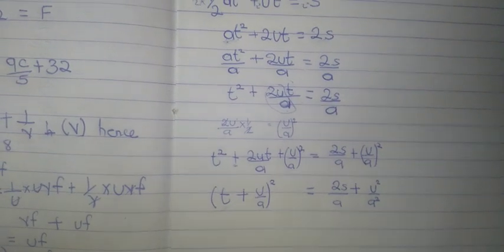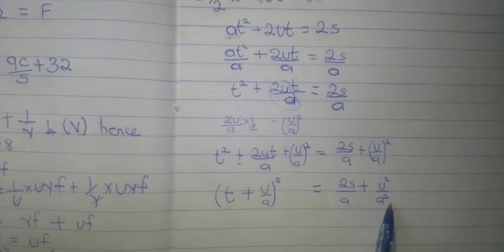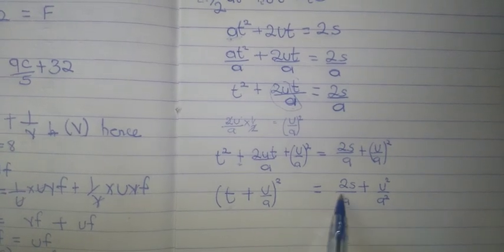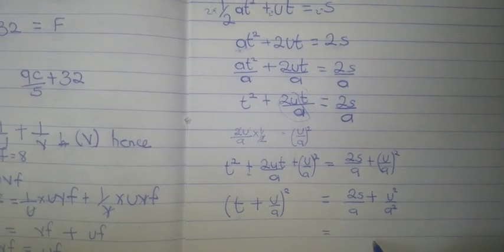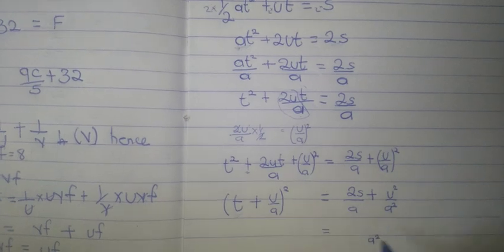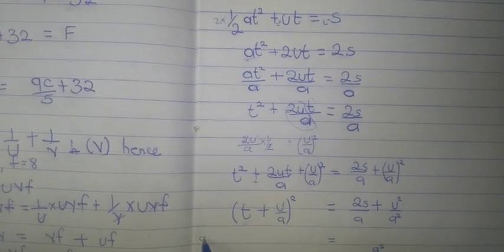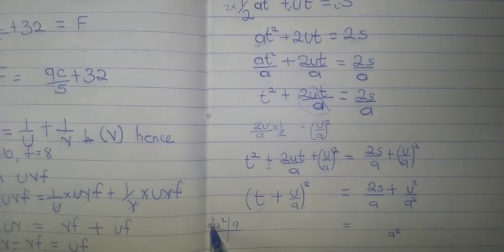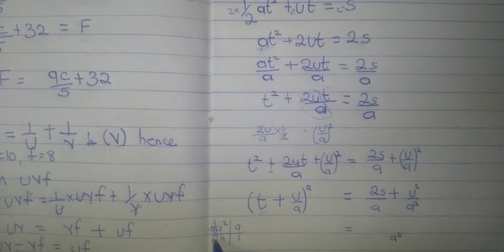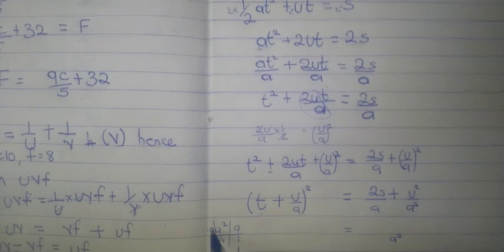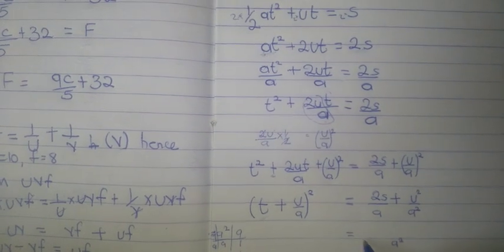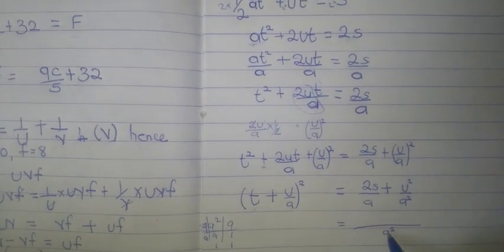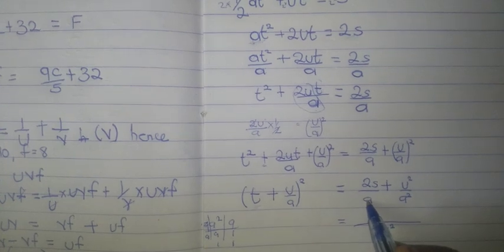Okay, but we can further simplify this by getting the LCM. Looking critically at this, we know that the LCM will ideally be a squared. For those who don't know, you can take a squared and a and get their LCM: divide by a, you get a, here you get 1, divide by a, 1, 1. So the LCM will be a times a, which is our a squared. So a squared divides this, we get a.